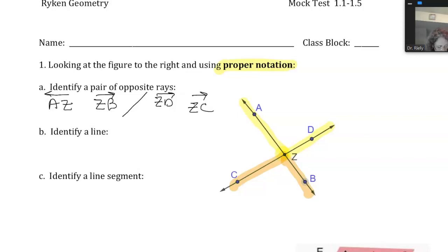So the arrowhead's always closest to D, closest to C, closest to B, closest to A. That's where the arrowhead should be.